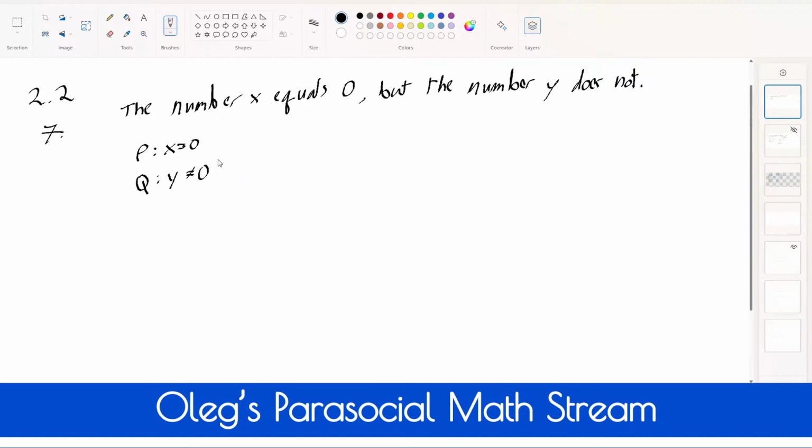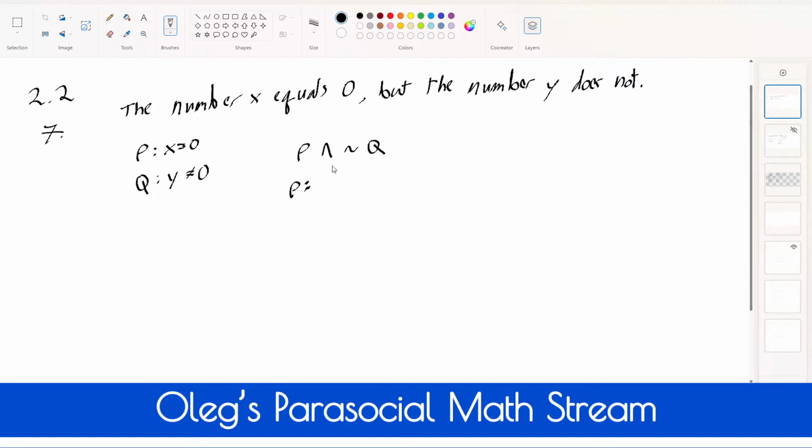So we're going to say, let me think here. Can we go P and not Q? We can do that. This is a little more advanced. It's not one of the forms they're giving us, but I'm just going to put it down here.